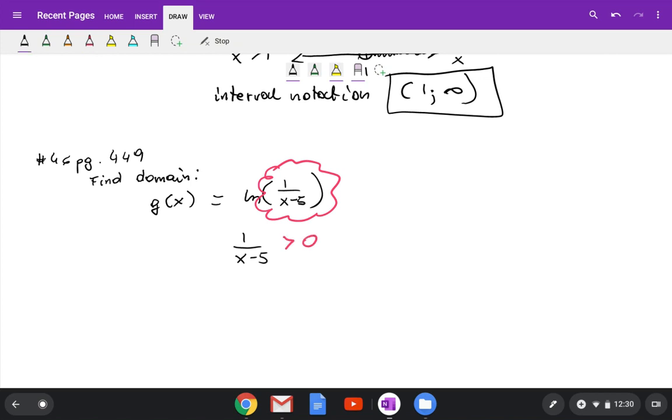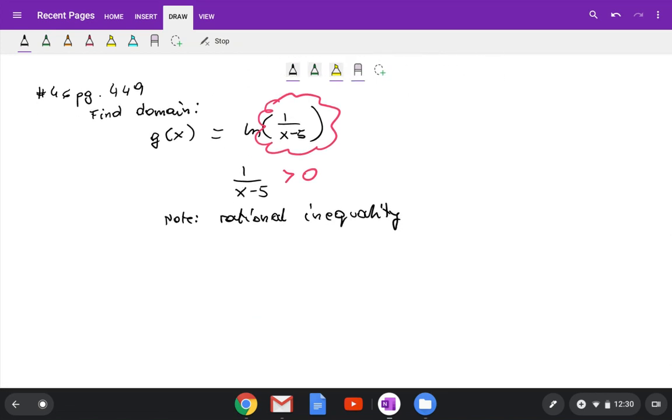So how are you going to solve it? This is a rational inequality. I teach you how to solve rational inequalities, I believe in section 5.4. What do we know about rational inequalities?